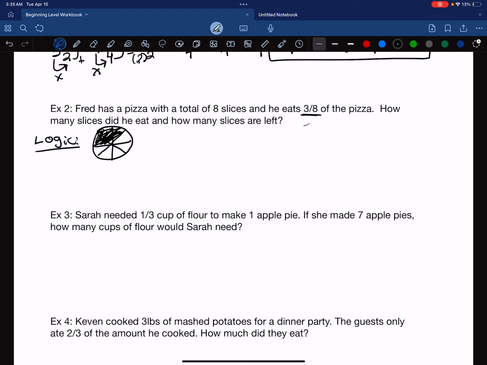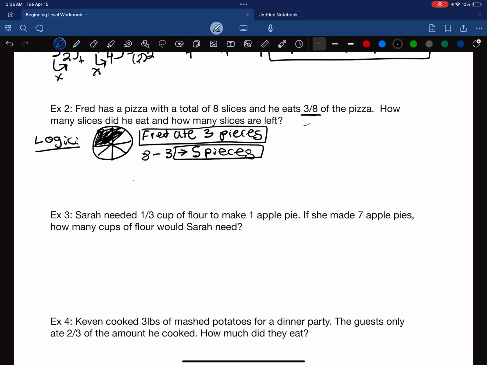And also, we know that there are 8 pieces in total, and he ate 3 of those pieces. So we can do 8 minus 3 to get 5 pieces that are left. So this is our logic way.